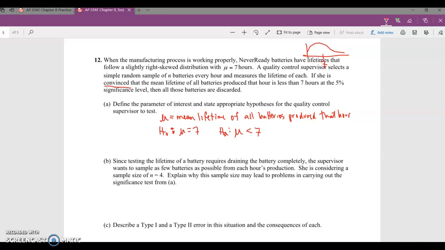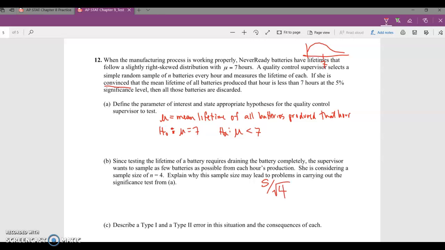Since testing the lifetime of a battery requires draining the battery completely, the supervisor wants to sample as few batteries as possible from each hour's production. She's considering a sample size of n equals 4. Seems small. Explain why this sample size may lead to problems in carrying out the significance test from A. Well, we saw in an earlier problem, when we have these tiny sample sizes, it's going to be very difficult to get statistical significance because we're only going to divide our sample standard deviation by 2.